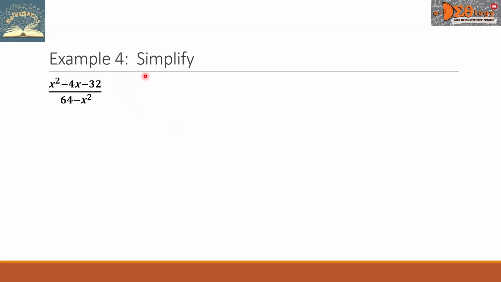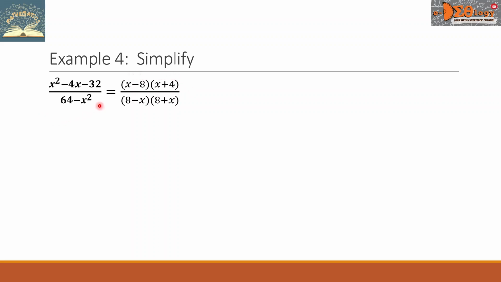Example 4. Simplify x squared minus 4x minus 32 all over 64 minus x squared. Let us factor out the numerator and denominator respectively. The numerator is a trinomial and the factors are x minus 8 times x plus 4 all over.